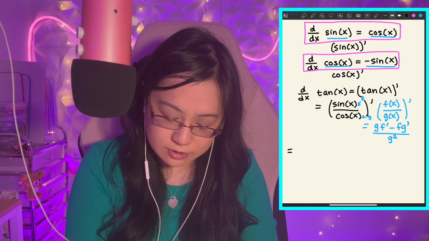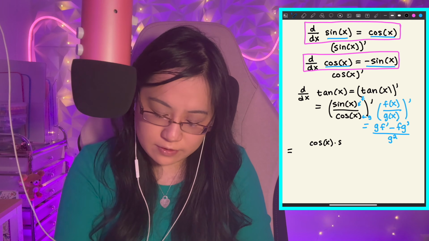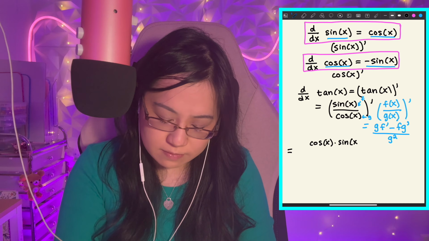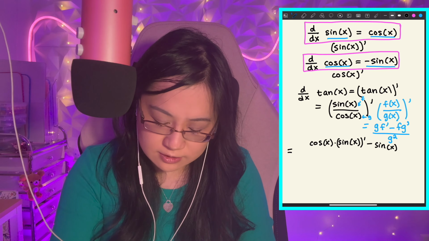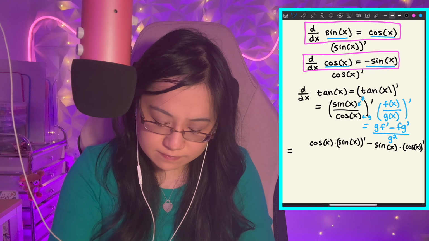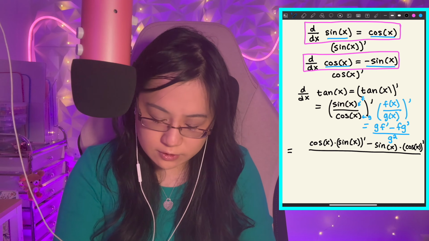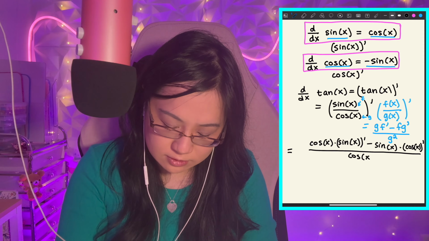So g is cosine x times the derivative of the top, minus the top function sine x times the derivative of the denominator, all over the bottom function squared, so cosine x squared.